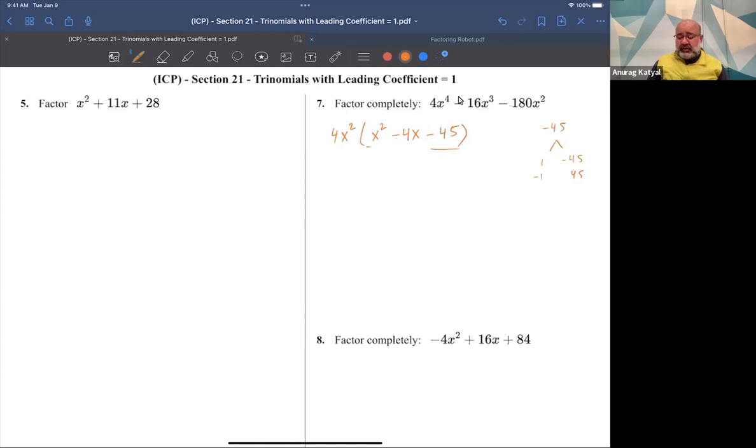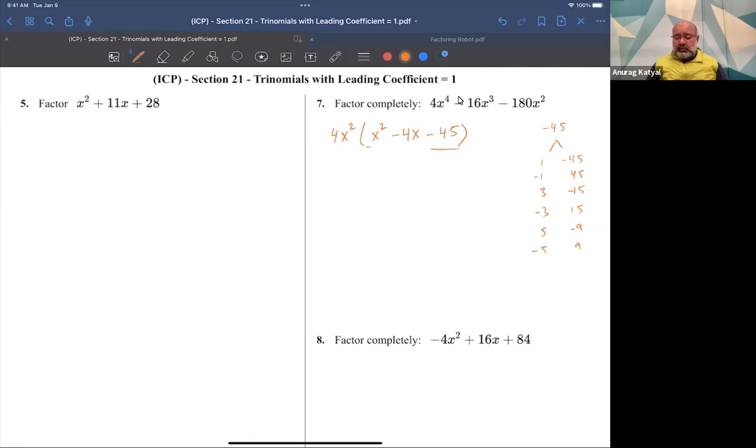It's an odd number. 3, yeah, 3 works. 3 and negative 15, negative 3 and 15. 4 is not going to work because, again, 45 is an odd number. 5, yeah, 5 works. 5 times negative 9, negative 5 times 9. 6 is not going to work. 7 is not going to work. 8 is not going to work. 9 is already in my list. So then I know that this list is complete. There are no other factors of negative 45 that exist.